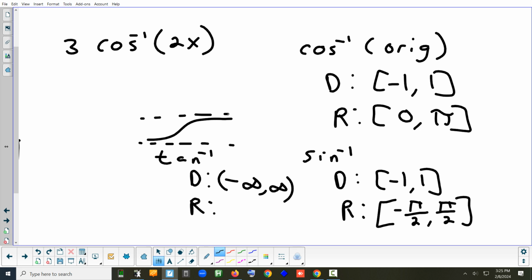There were horizontal asymptotes. Where are the horizontal asymptotes for inverse tangent? It would be where the vertical asymptotes are for regular tangent. So whatever the verticals are for regular, they become the horizontals in the inverse.